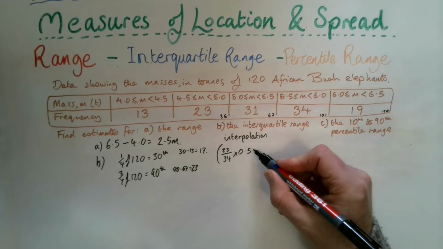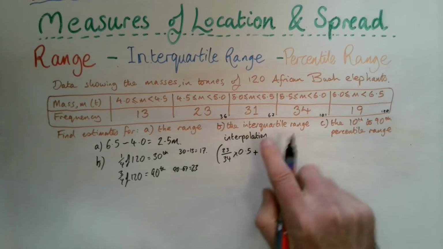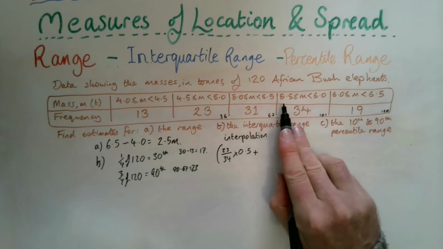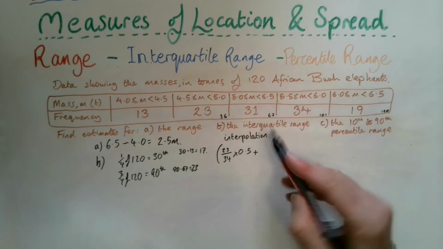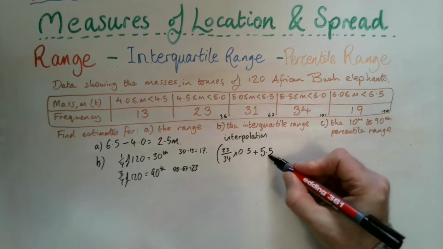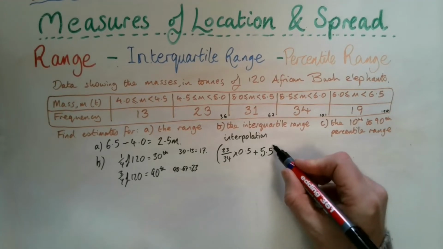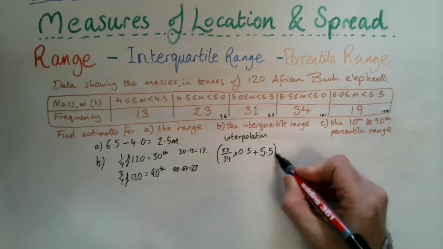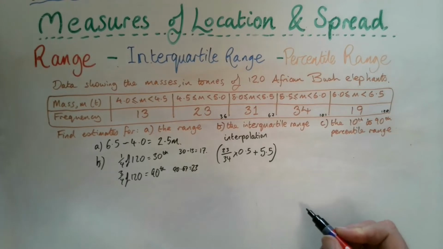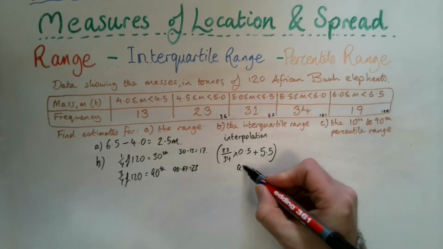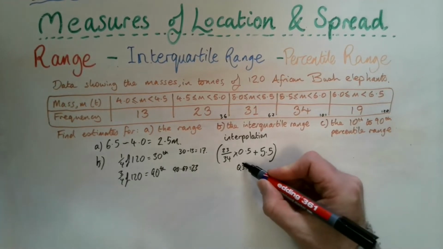And once I've got that, I'm going to need to add it to the beginning of the class width that I've got here, which is 5.5. I don't need to put brackets around that, but you can if you like, but BIDMAS takes care of that in the calculator. So that is Q3, or the upper quartile.